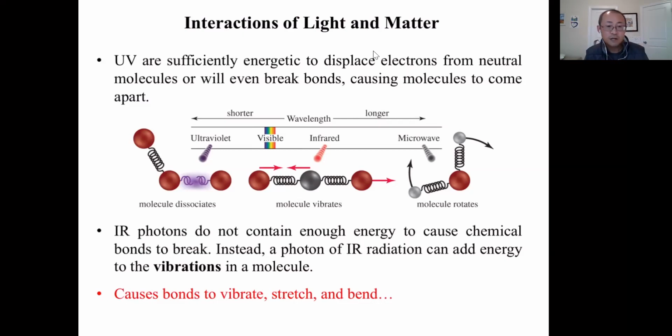It will cause the molecule to break a bond or dislodge electrons out of a molecule to cause charged species. But infrared, on the other hand, doesn't contain enough energy to cause a bond to break. So what infrared actually does is cause bonds to vibrate.